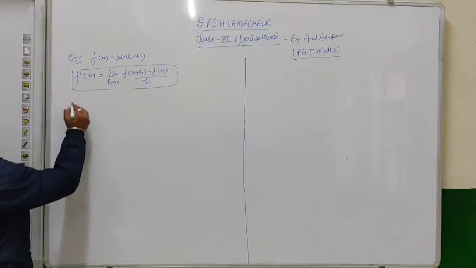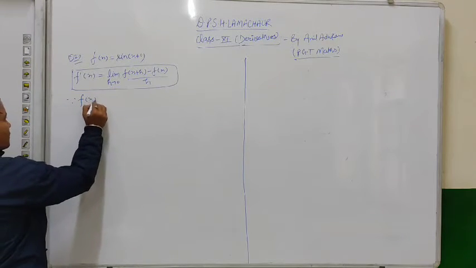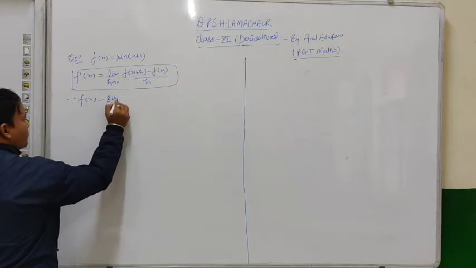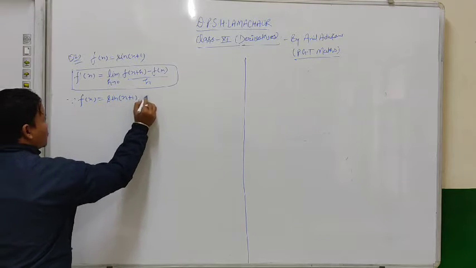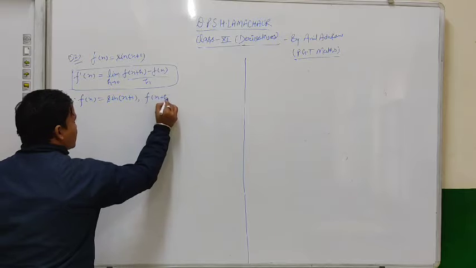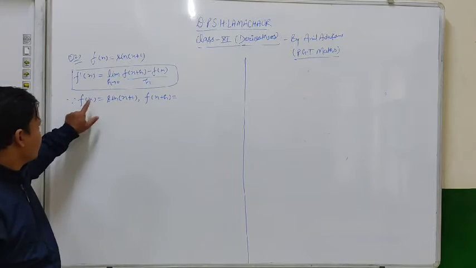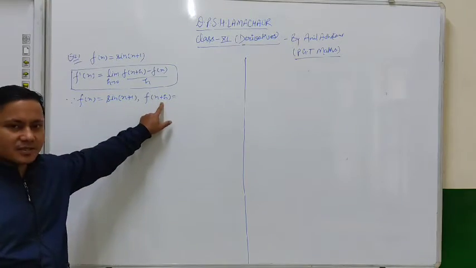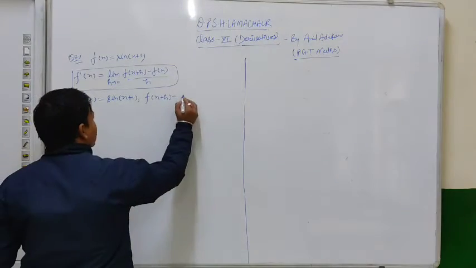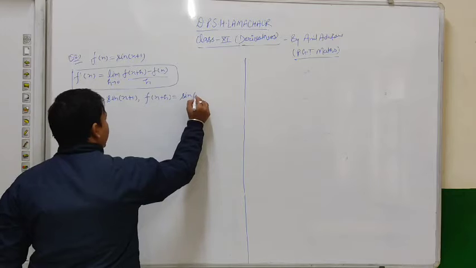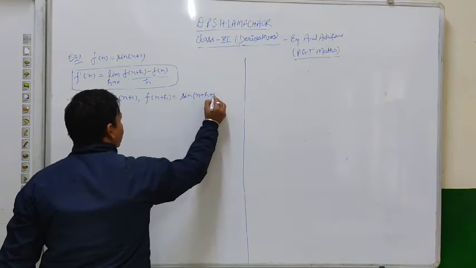So since we have been given f(x) is equal to sin x plus 1, so f of x plus h will be, how will we find the value of f of x plus h? By replacing x in the given function with x plus h. So f of x plus h will be sin x plus h plus 1.